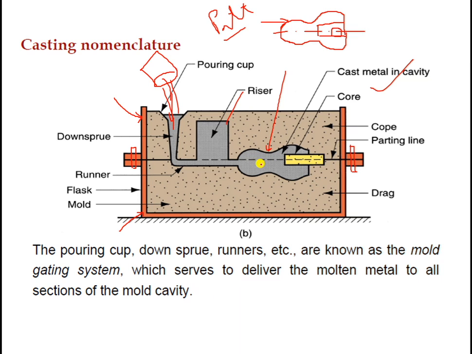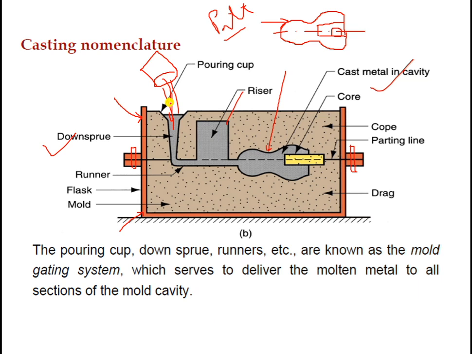And the parting line is very important, because it can divide this component into two halves along this particular parting line. So this is all about the various components, and this is the downsprue, which is the nearest part to the pouring basin or pouring cup.